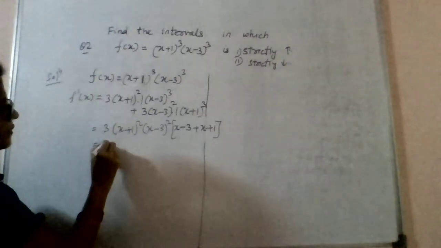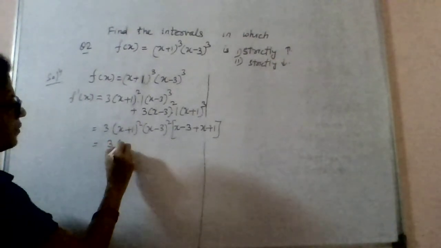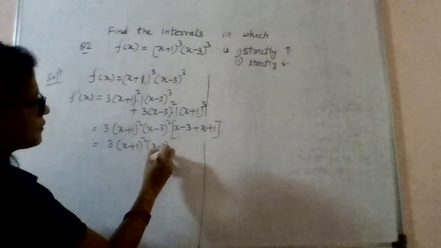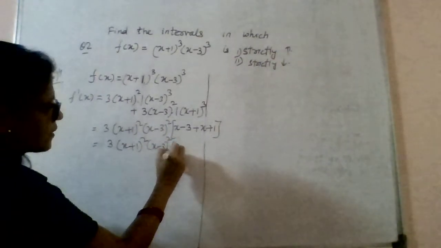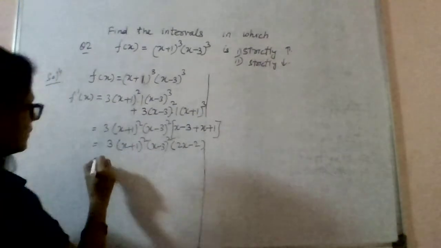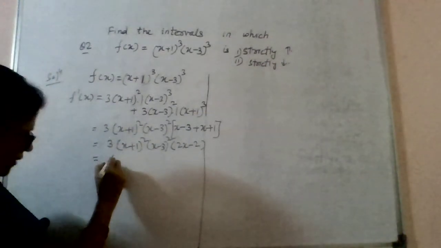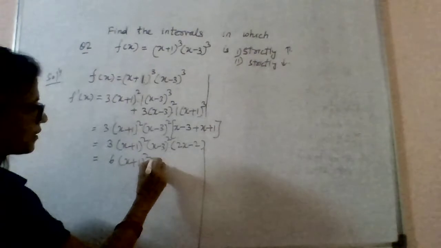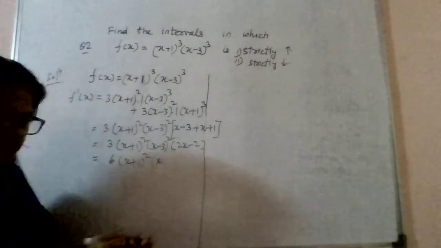It means 3 into x plus 1 whole square x minus 3 whole square into 2x minus 2.